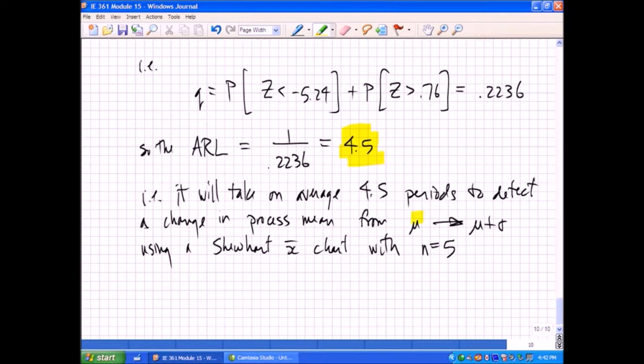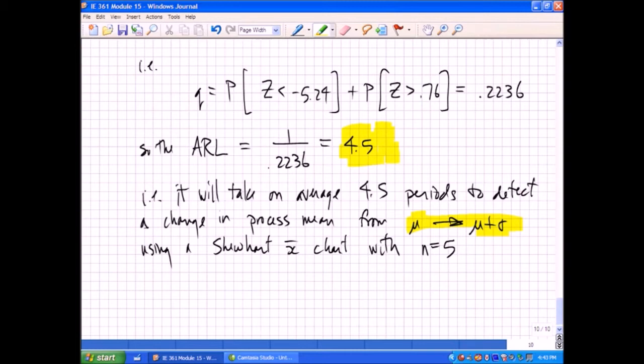If things change to where the process mean is not at the midpoint between the control limits, not where I set things up to be when I started doing X-bar charting, but rather changes to mu plus sigma, then I detect that reasonably quickly, in the sense that it takes me on average 4.5 periods.